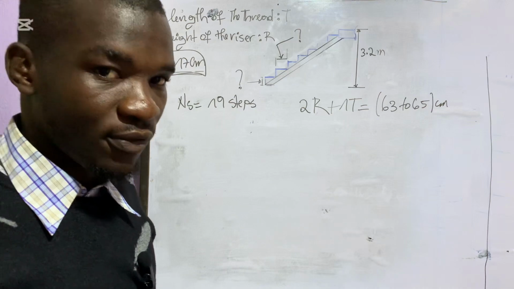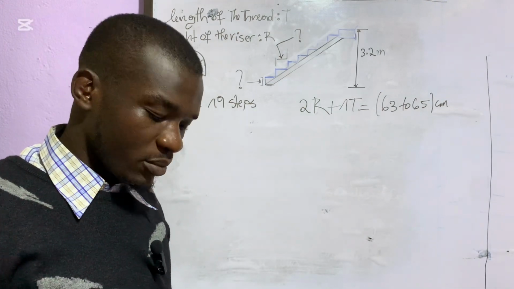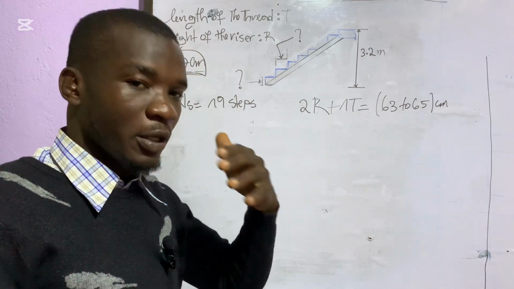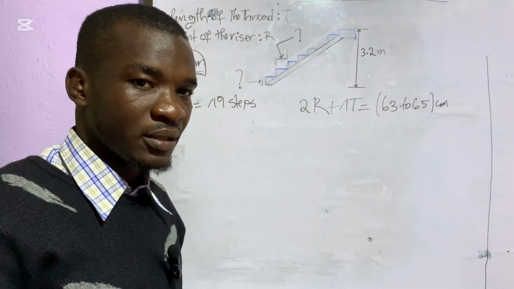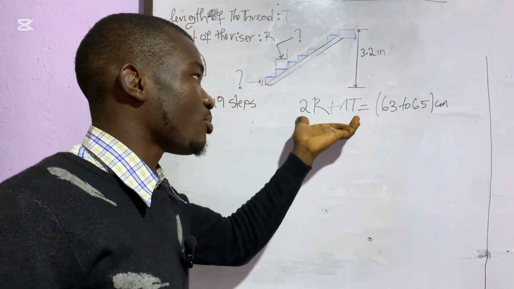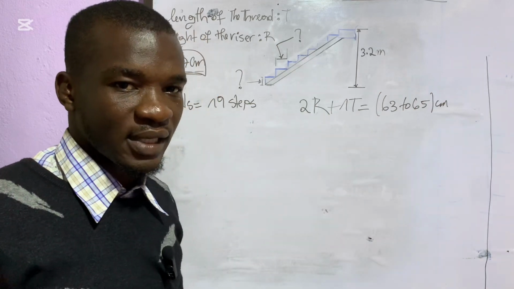That's for the sake of comfort, because Blondel thought of the comfort of people using a staircase, and found out after some research that to have a comfortable staircase, you have to apply this: two riser plus one tread should be within the range of 63 to 65 centimeter.